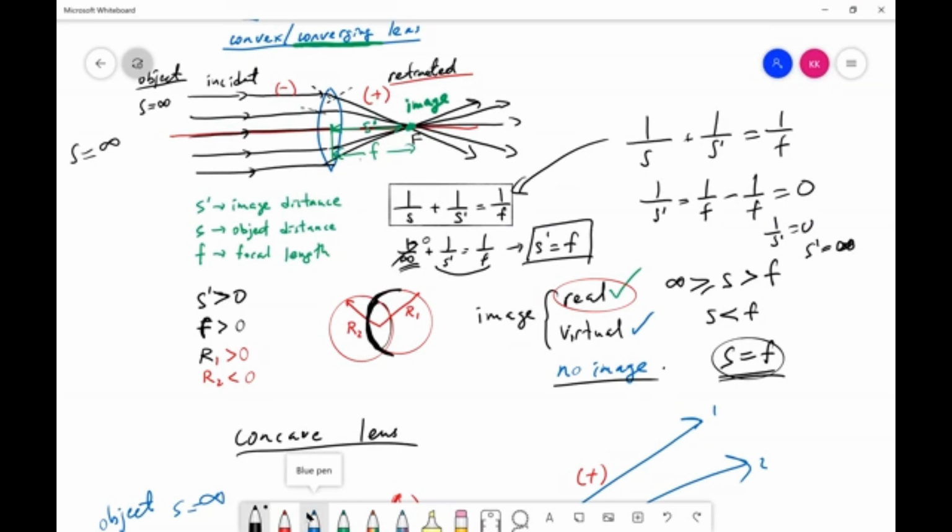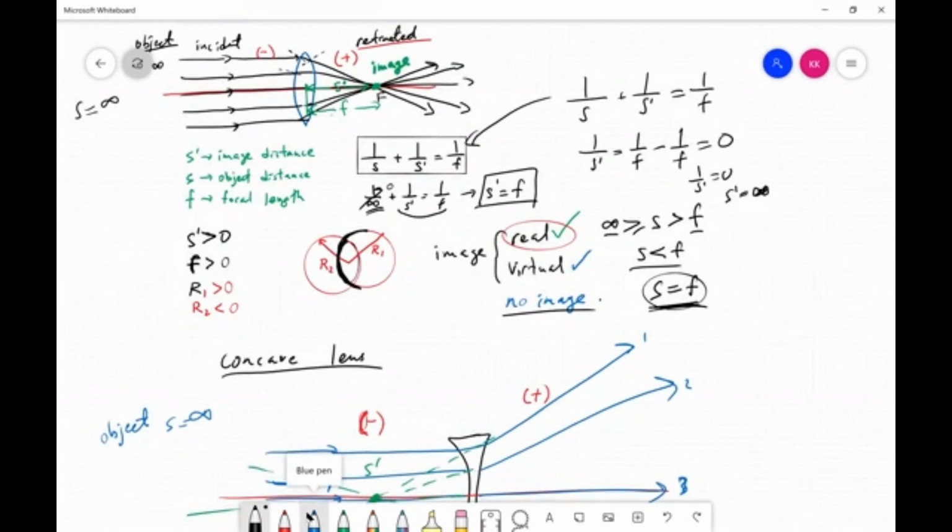Sorry, I had those symbols wrong. So if the object distance goes from infinity getting closer and closer to the lens, as long as it's from infinity all the way to greater than the focal length, you get a real image. When it's placed at the focal length, you get no image. When it's even closer to the lens than the focal length, then your image is actually virtual.